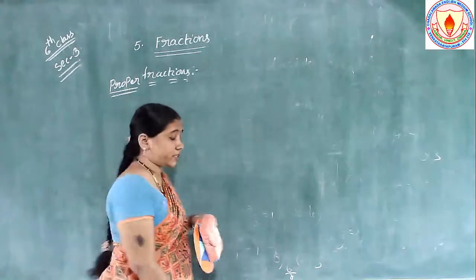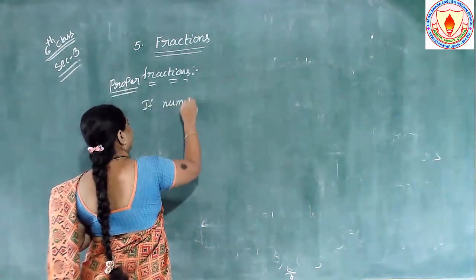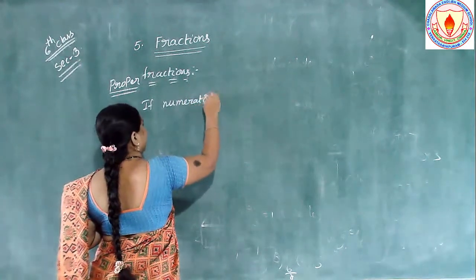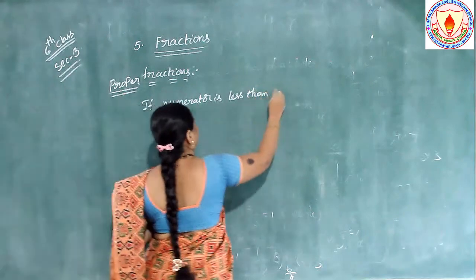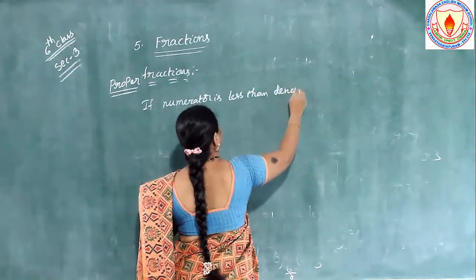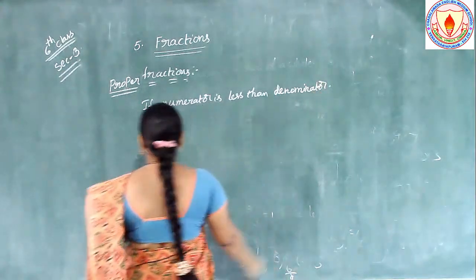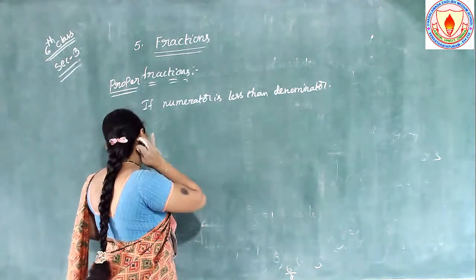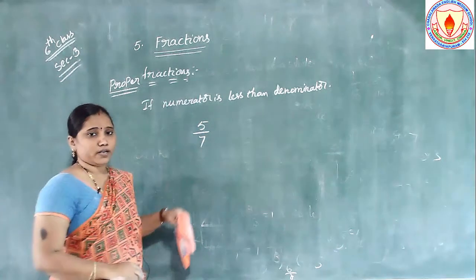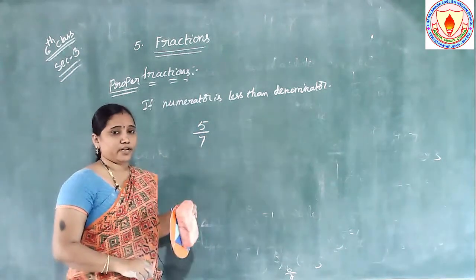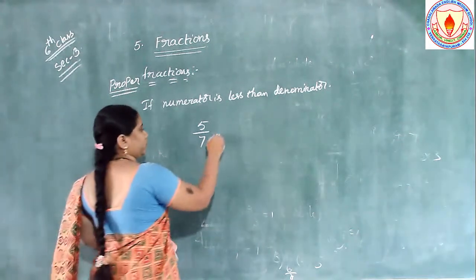If the numerator is less than the denominator. Give me an example: 5 by 7. 5 is the smaller number and 7 is the bigger number. So this is a proper fraction.